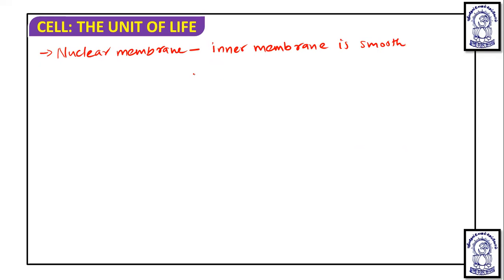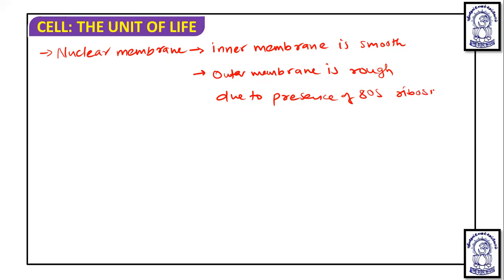In the nuclear membrane, we remember that the inner membrane is smooth, whereas the outer membrane is rough due to the presence of ribosomes. Now there are nuclear pores, and exchange occurs through them; all these things we have discussed.